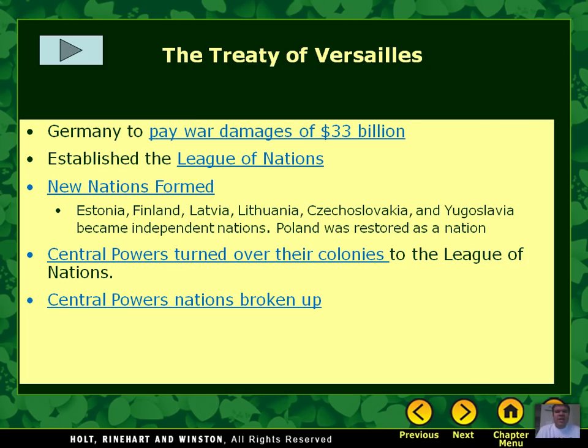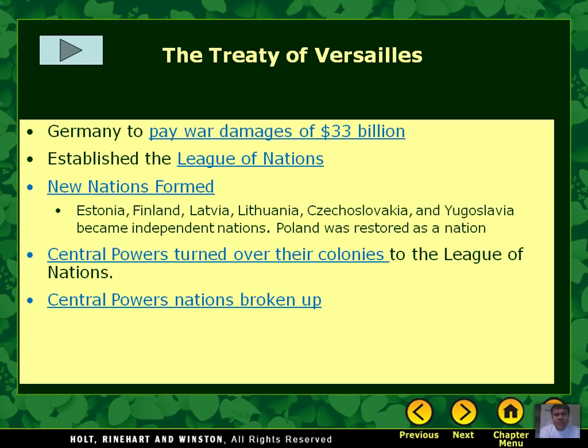The Treaty of Versailles establishes the League of Nations. New countries are formed in the land that used to be Austria-Hungary and Germany, as well as Russia. Estonia, Finland, Latvia, Lithuania, Czechoslovakia, and Yugoslavia all became new independent nations, and Poland was recreated as a nation.